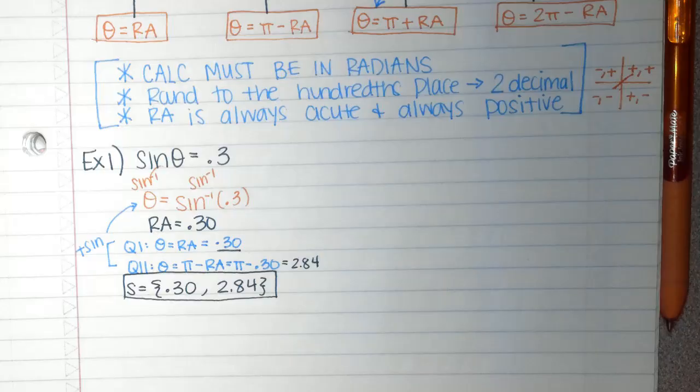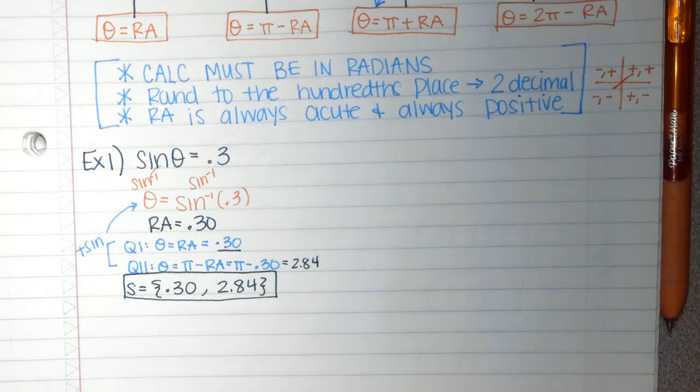What questions can I answer for you? Does it matter where I put the two solutions when I write it, like if you switch them around? No, it does not matter. Good question. What else? No other questions?